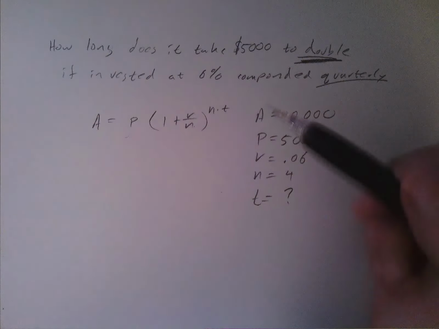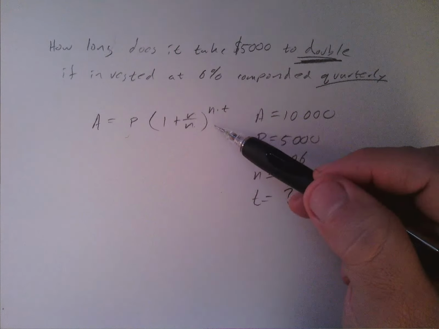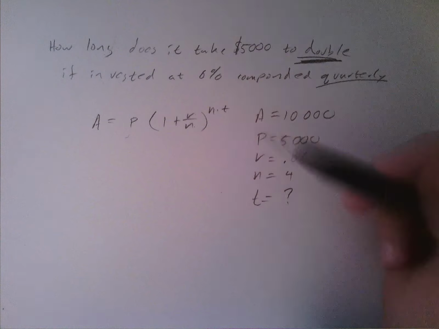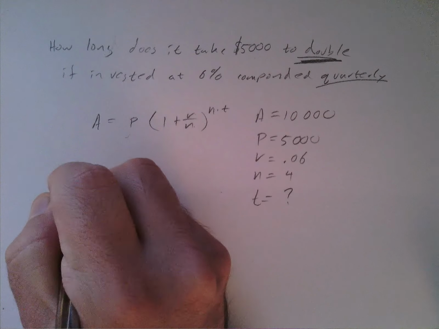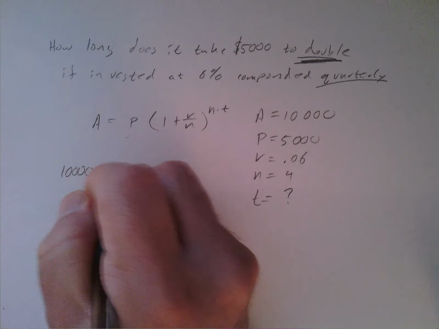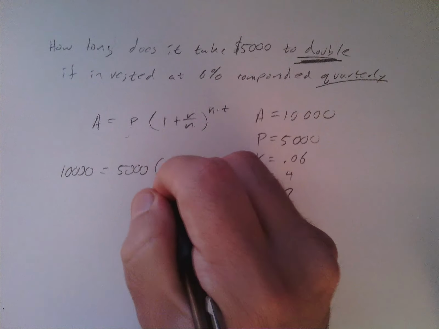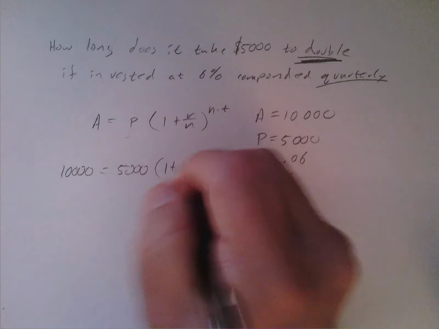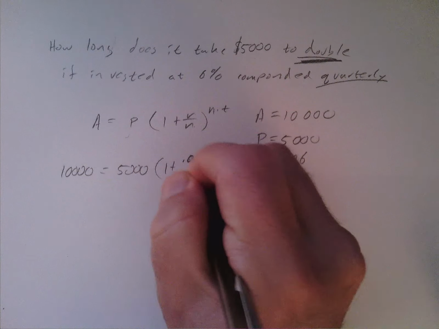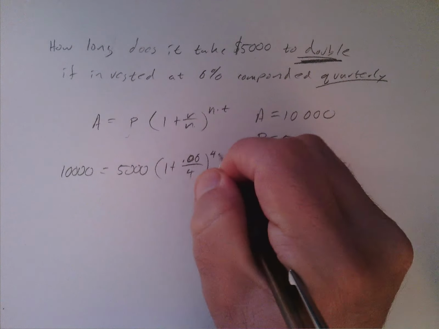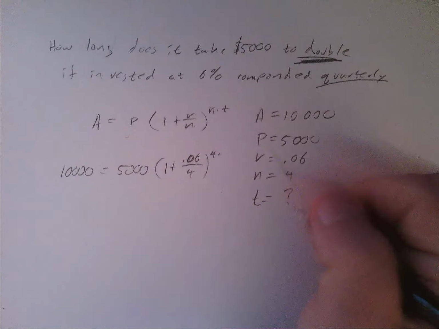So after you get the equation we're using, write down the parameters, all the variables that you have, now plug it in. So we want to see 10,000 equal to 5,000 times 1 plus the rate, 0.06 divided by 4, raised to the 4 times, and then we don't know what t is, so I'm going to put t.